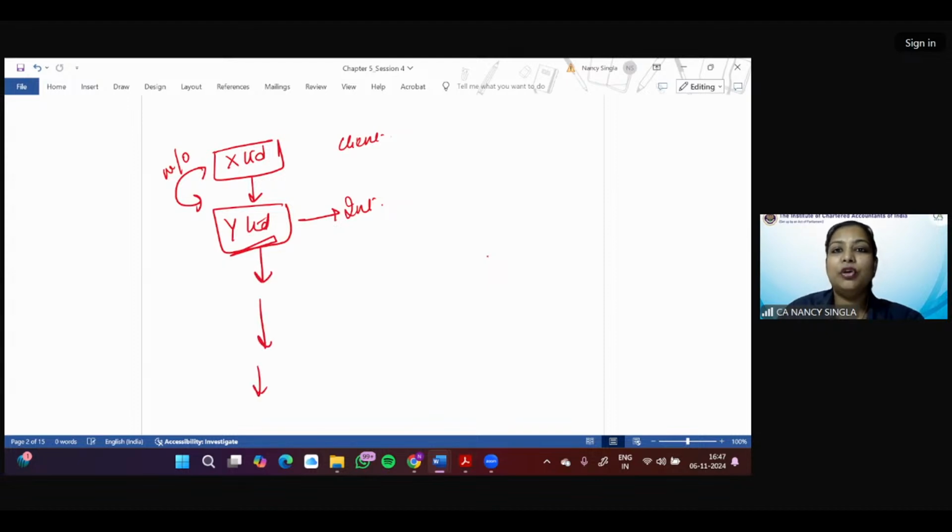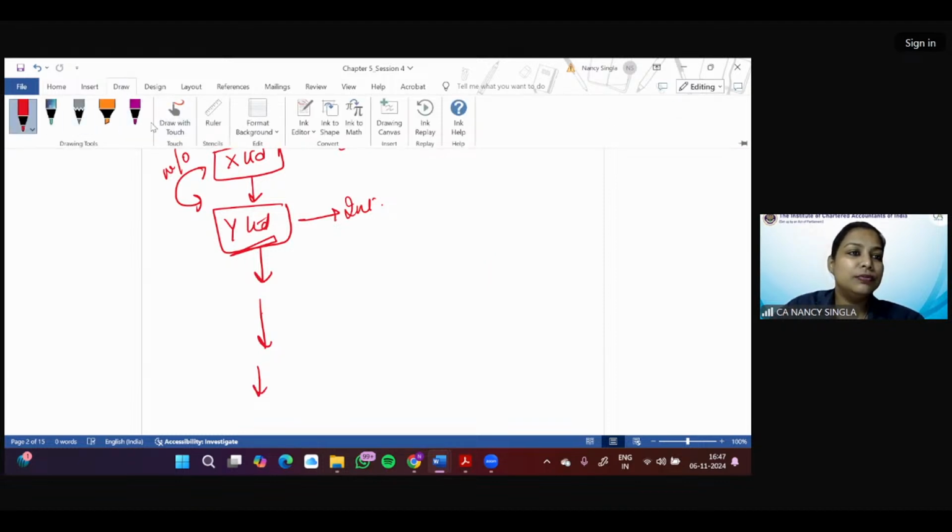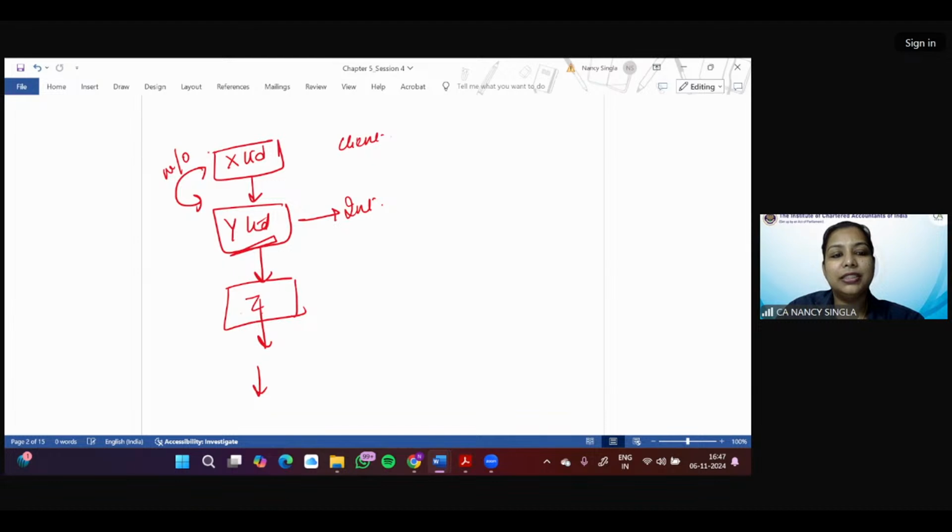So there can be a number of companies or intermediaries in between, but for simplicity, I have taken this example. So let's say Z Limited is there. So with an understanding in writing or otherwise that the intermediary shall directly or indirectly lend, invest in other persons or intermediaries by or on behalf of the ultimate beneficiary, or provide a guarantee or the like to or on behalf of the ultimate beneficiaries.